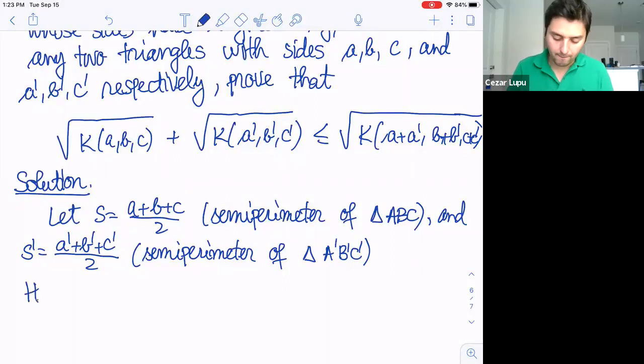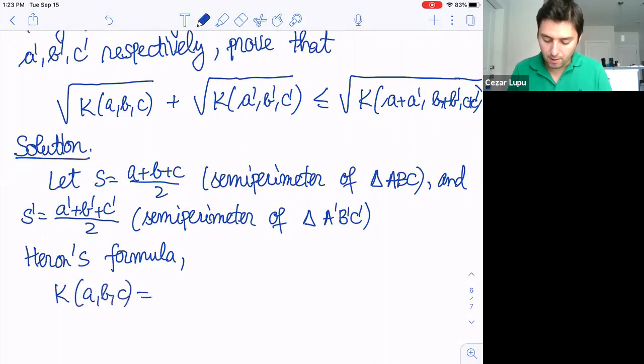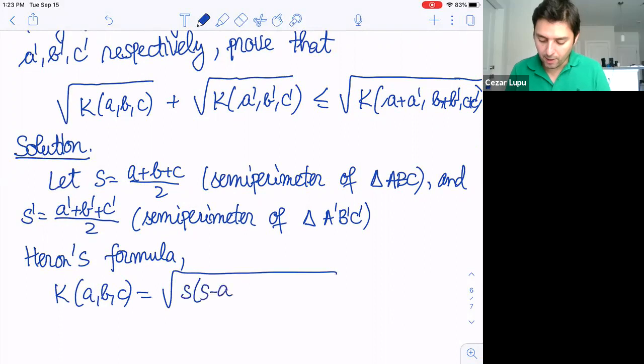Now, Heron's formula says the following. Let's say for K of ABC, let's put it this way, is the square root of what? Of S times S minus A times S minus B times S minus C, right?